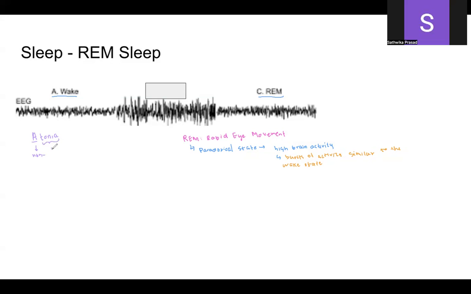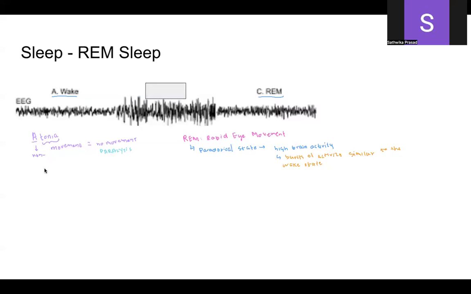Tonia means movement. So putting those two words together, atonia quite literally translates to no movement, or in other words, you guessed it, paralysis, right? So REM sleep has a temporary state of paralysis.